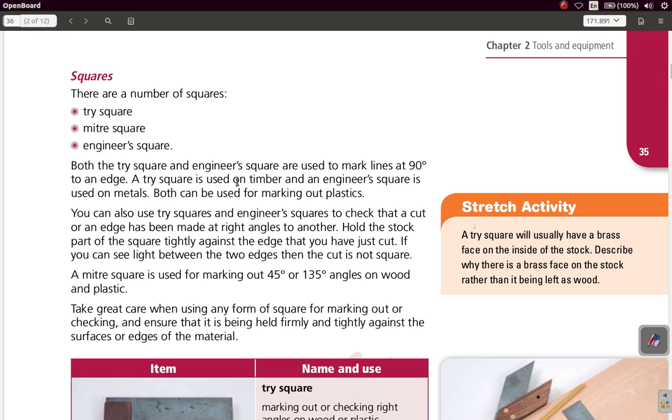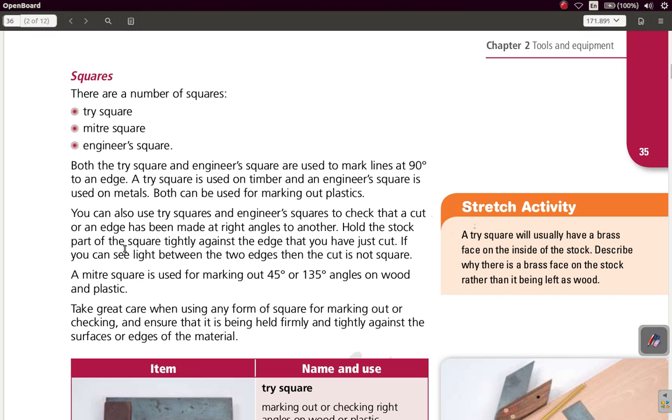A tri-square is used on timber and an engineer square is used on metals. Both can be used for marking out plastics. You can also use the tri-square and the engineer square to check that a cut or an edge has been made at right angles to another.